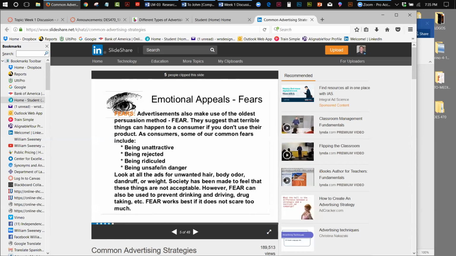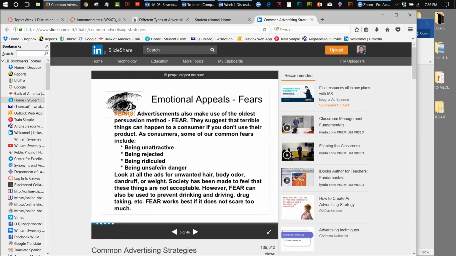I mean, even myself, being unsafe or in danger. These things happen in real life, and what these people do with these emotional appeals for fear is they figure out a way to create an environment within the ad itself that will help the person to remember or to associate with these feelings.